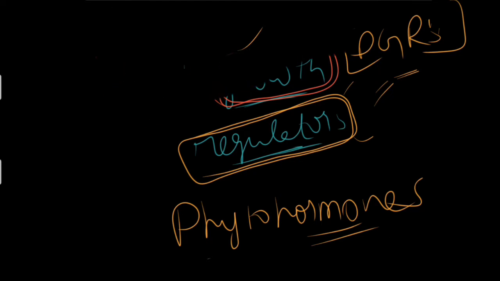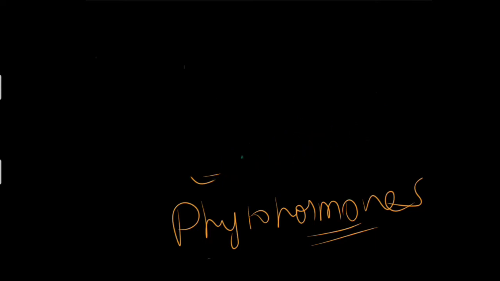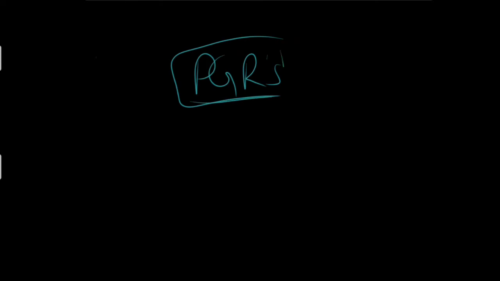These plant growth regulators or PGRs can be classified into two types on the basis of their functions, on the basis of promotion and inhibition of growth.